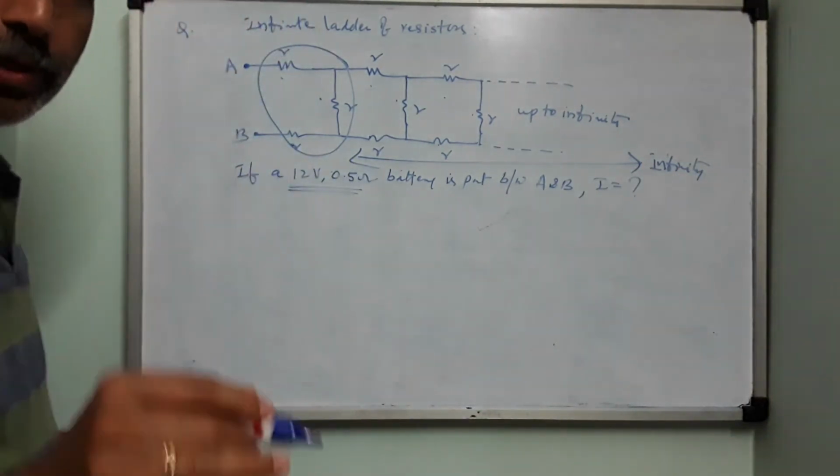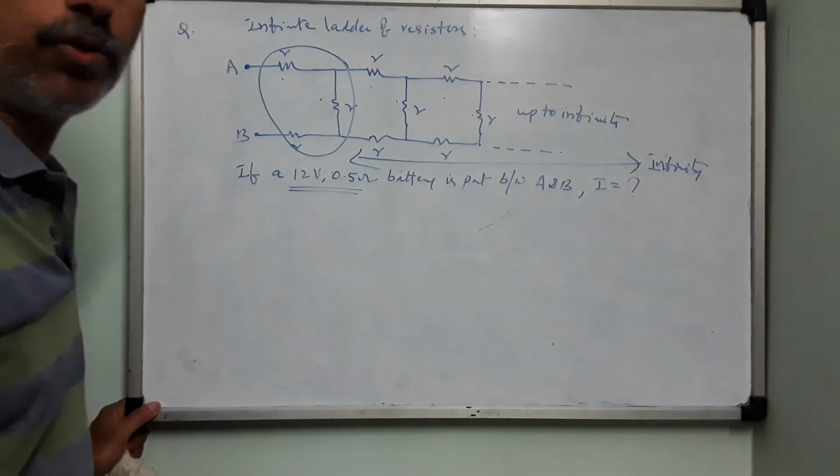So this entire network on the right hand side should offer some resistance.